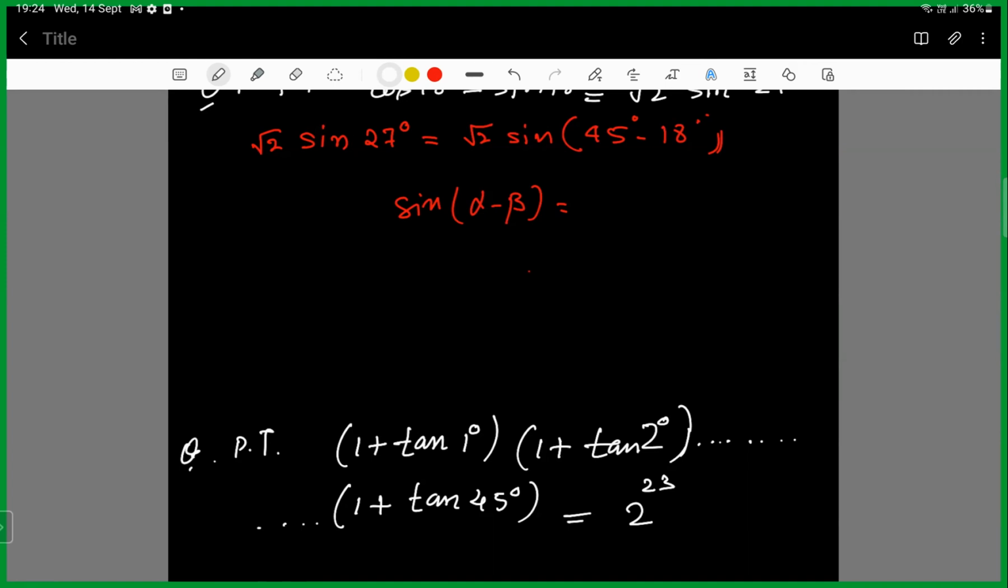See, this is cos A cos B minus sin A sin B, and this is sin B cos A plus cos B sin A. How much is cos A? Right, put the value. Got it or not? See, taking RHS is easier.